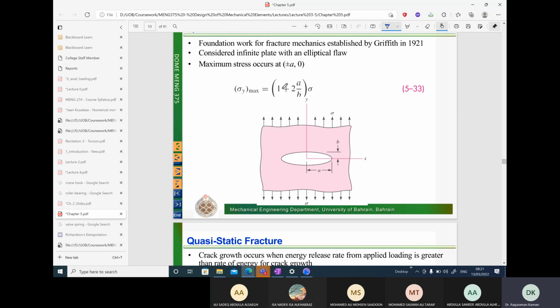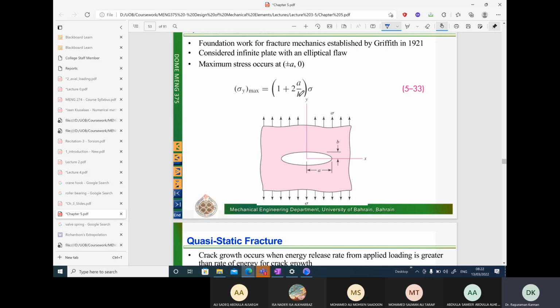So now you can see here, this is a formula for the presence of an elliptical hole in a plate subject to merely tensile loads in the direction of y, and you have the sigma yy max value given by formula 5.33 here. Here sigma is the nominal stress in the absence of any elliptical hole in the plate. Whatever the nominal stress will be, we will consider that stress value here and multiply by this quantity, which acts like a stress concentration factor.